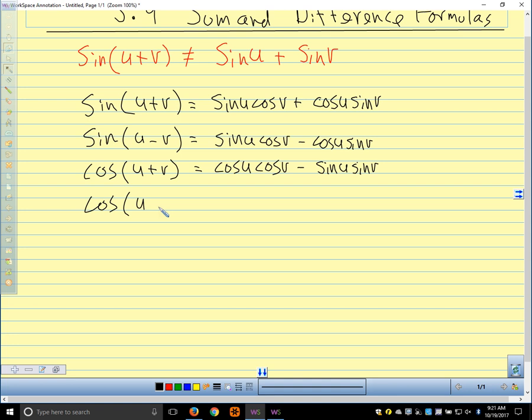And cosine of u minus v is cosine u cosine v plus sine u sine v. So those are our sum and difference formulas for sines and cosines.